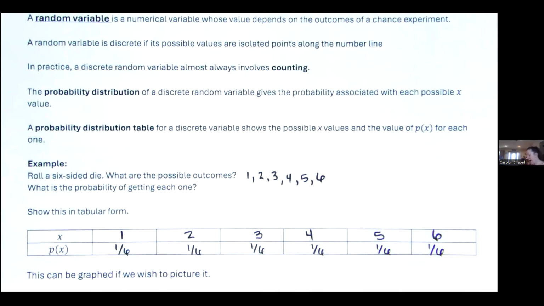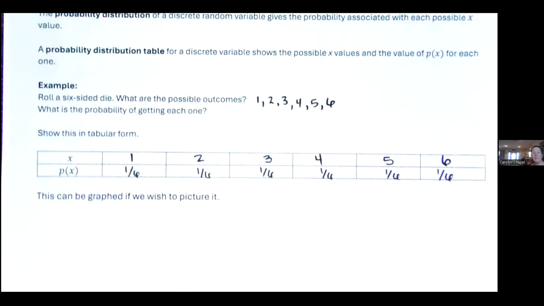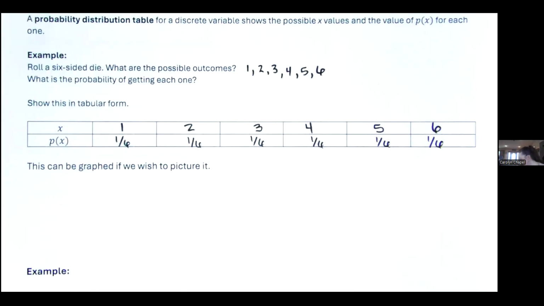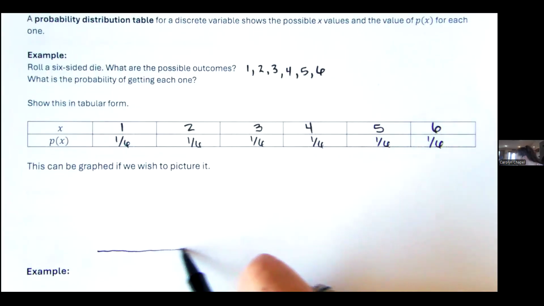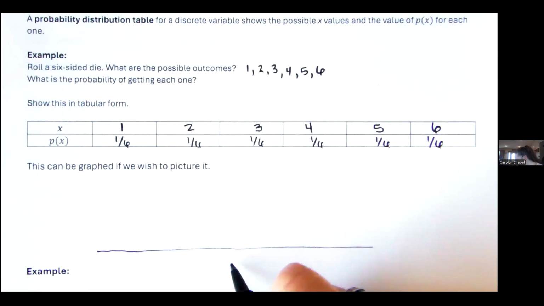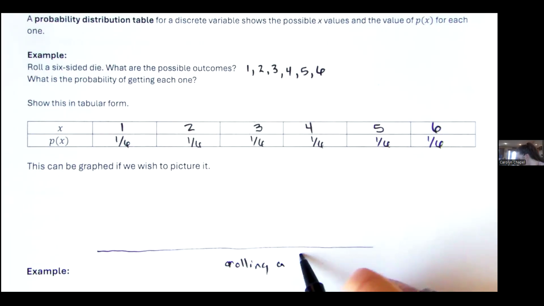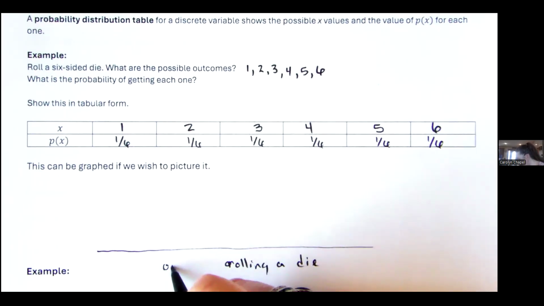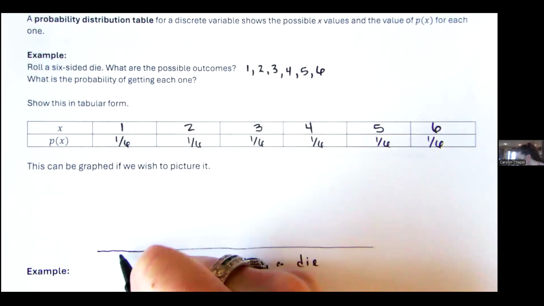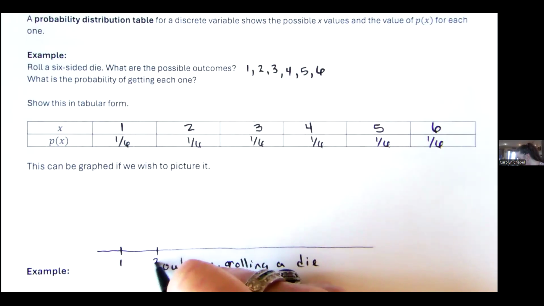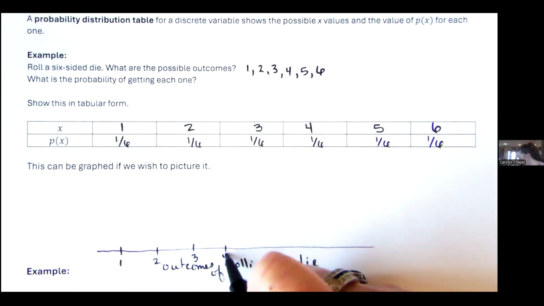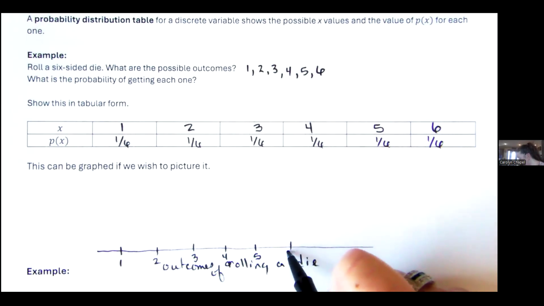This can be graphed if you'd like to. Different textbooks graph it differently. Again, we're going to be rolling a die. So this would be the outcomes of rolling a die: a 1, a 2, a 3, a 4, a 5, and a 6.